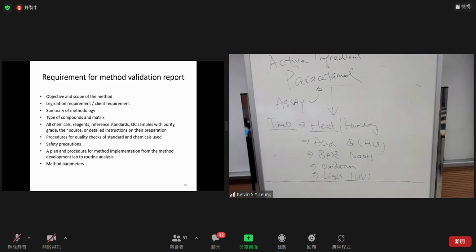In the report you have to list out all your used chemicals and reagents with their certain batches, suppliers, etc. It's very detailed, because anything that happens in the routine, you have to check back to your method validation reports, because your routine method can be used only because you have already validated your method.